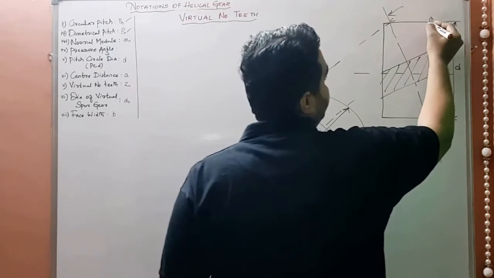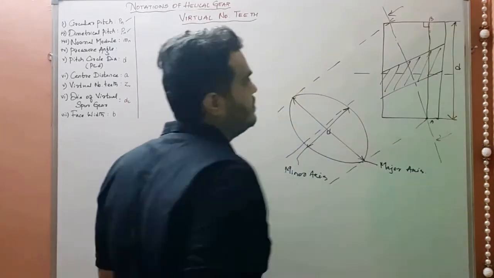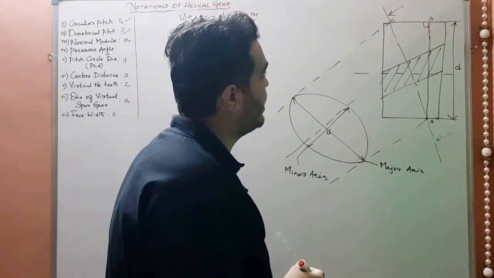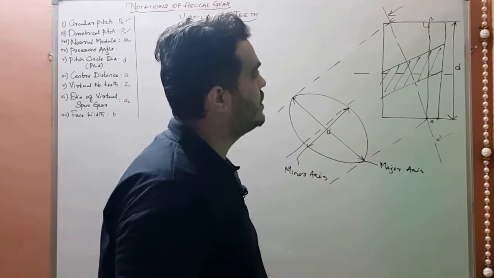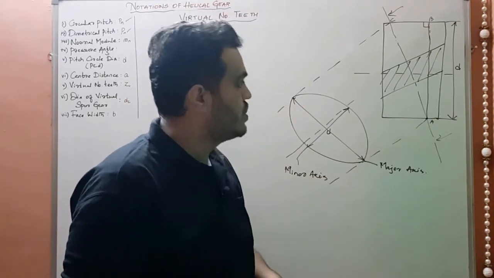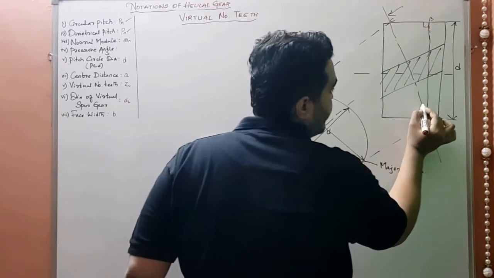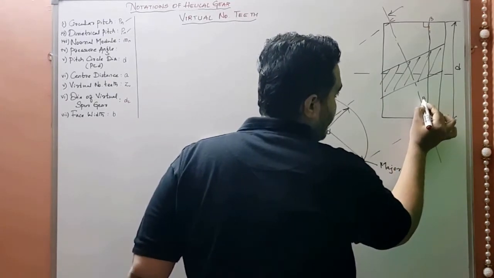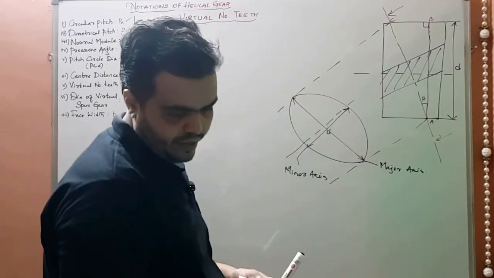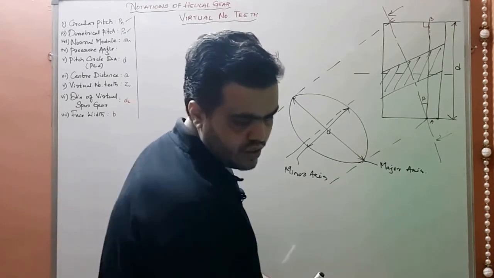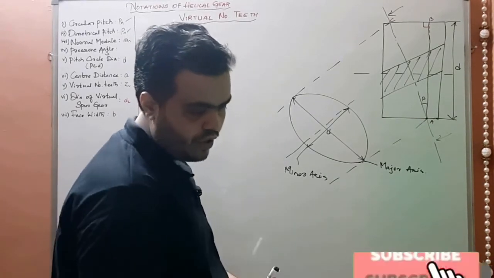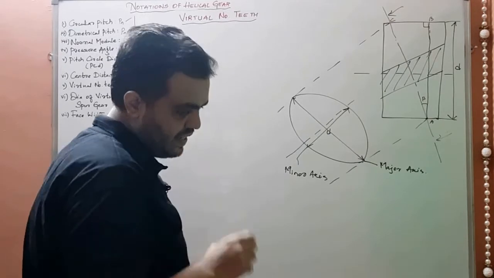This will be the right angle, exactly perpendicular to that horizontal surface. Next, this angle will be the helix angle beta. All of you are getting? Okay. So this is how you need to consider it for a helical gear.